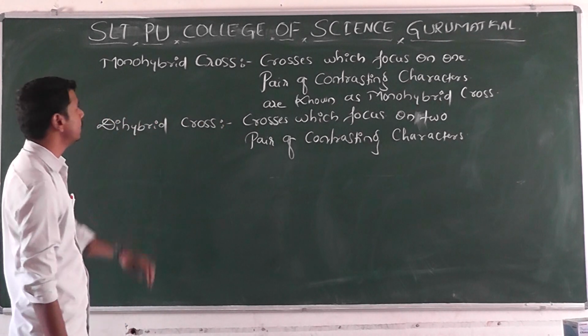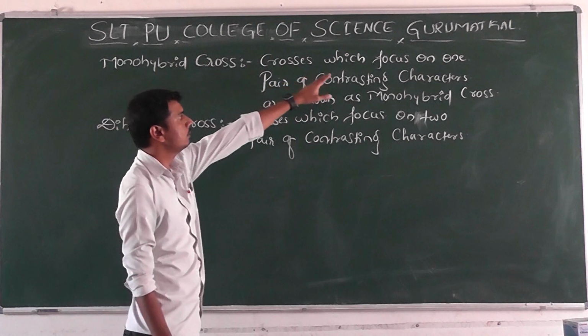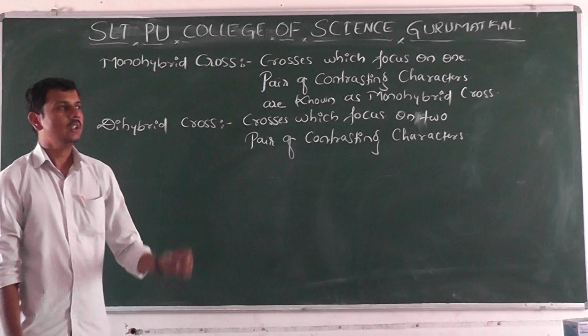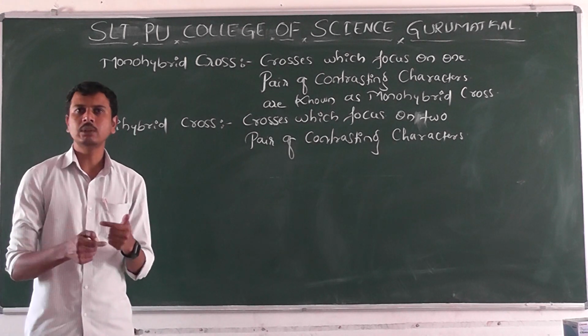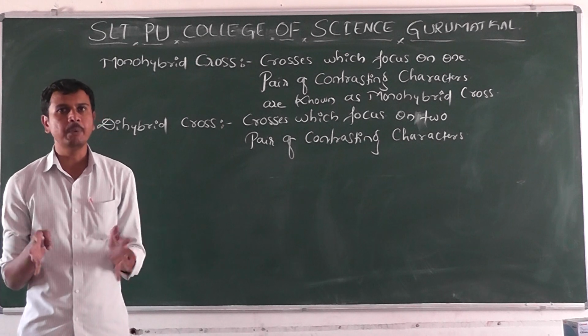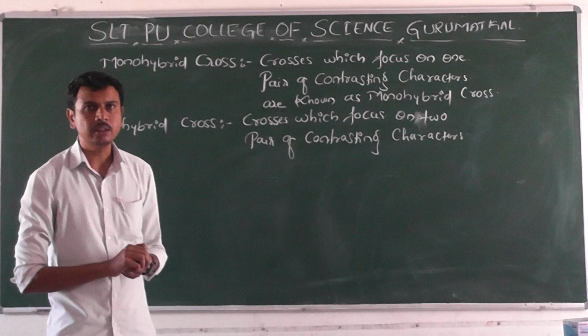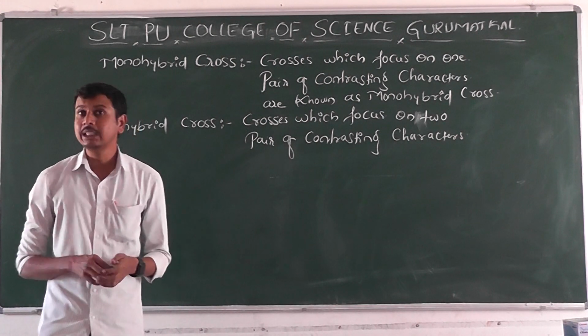First we will concentrate on the monohybrid cross. These are crosses which focus on one pair of contrasting characters. In the experiment, when we cross two plants, we concentrate on only one character, and there are two different traits in that single character.